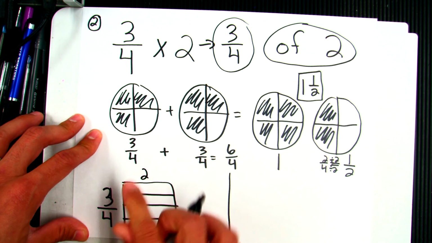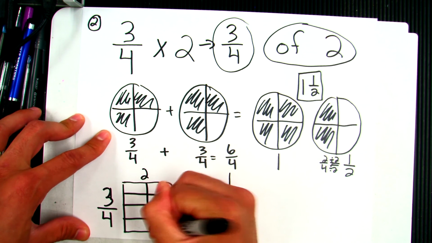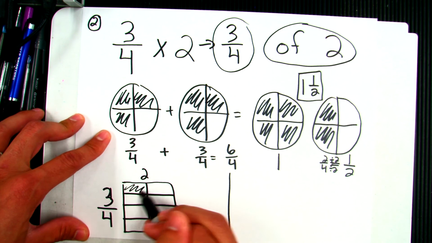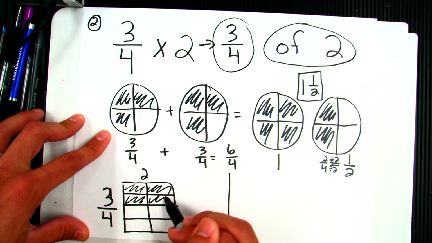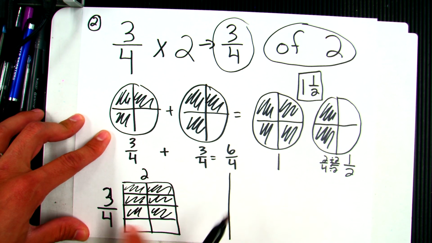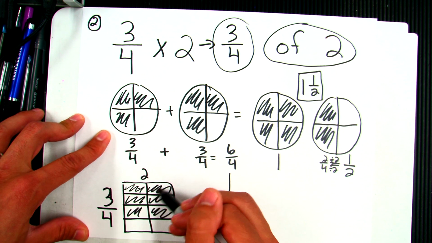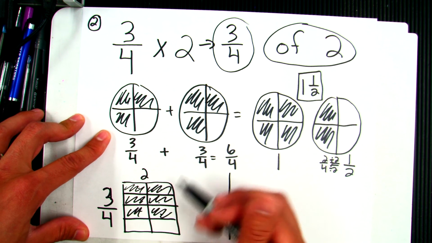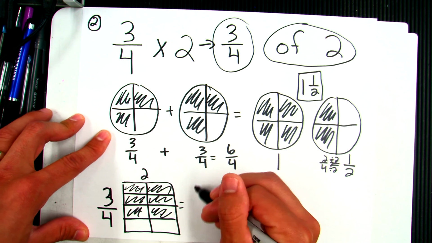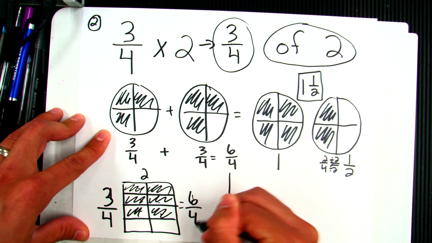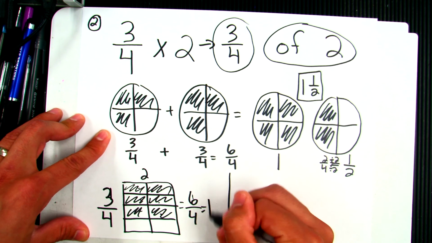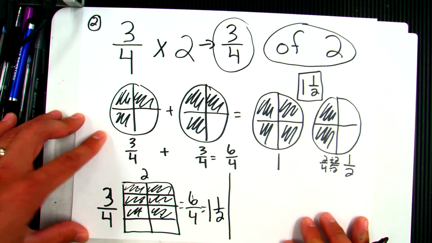I'm going to draw my 2, so I need to split this into 2 pieces. Now I can shade in my 3/4 just so you can see it better. That's 3/4. 1, 2, 3 out of 4, and I have 1, 2, 3, 4, 5, 6/4. Okay, so 6/4, which I already know is the same thing as 1 1/2.